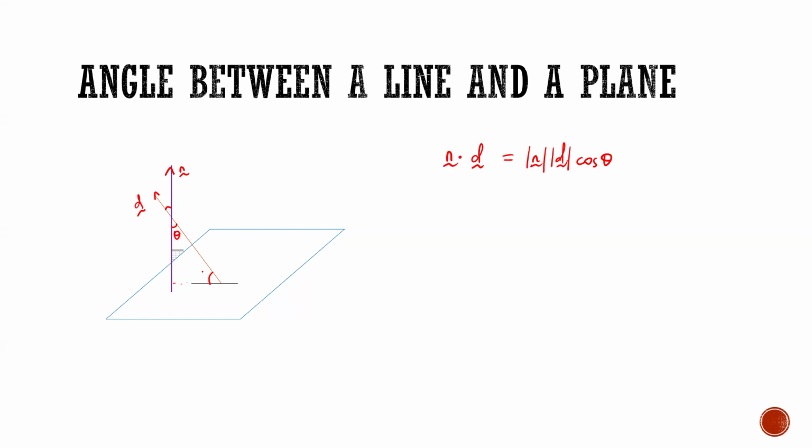But the angle that we want is the angle alpha, the angle between the line and the plane. But realize that alpha and theta are complementary angles, and therefore the cosine of theta is in fact the sine of alpha, and therefore we can get the angle between a line and a plane using the dot product of the normal to the plane and the direction of the line in this equation right here.